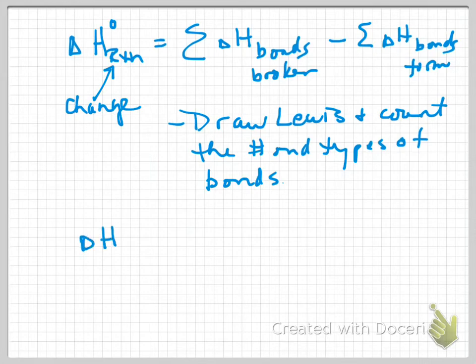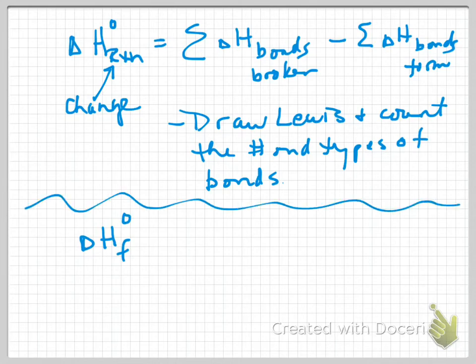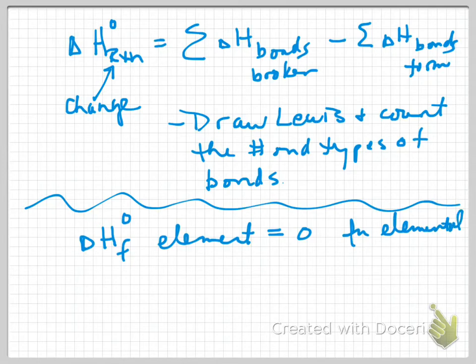Remember that we have heats of formation and heats of combustion. Okay. Heat of formation of an element in its normal state is 0. Okay, and please remember that is in its elemental state. So for things like oxygen, it would be O2 in the gas phase. Its enthalpy is taken to be 0. Right.